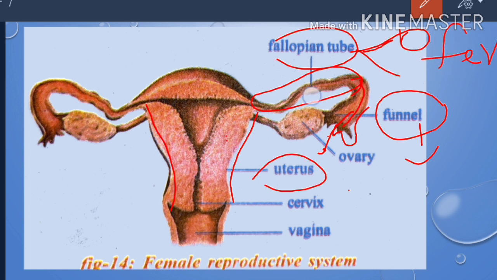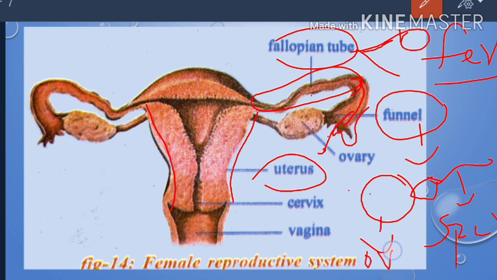Fertilization takes place in the fallopian tube. What is fertilization? The fusion of male and female gametes is called fertilization. This is the sperm and this is the ovum. The fusion of sperm and ovum is called fertilization.